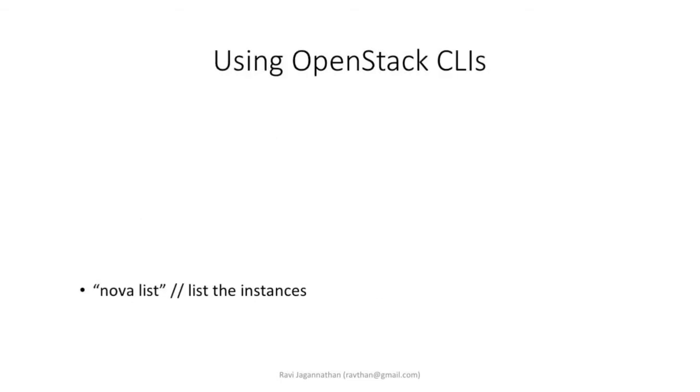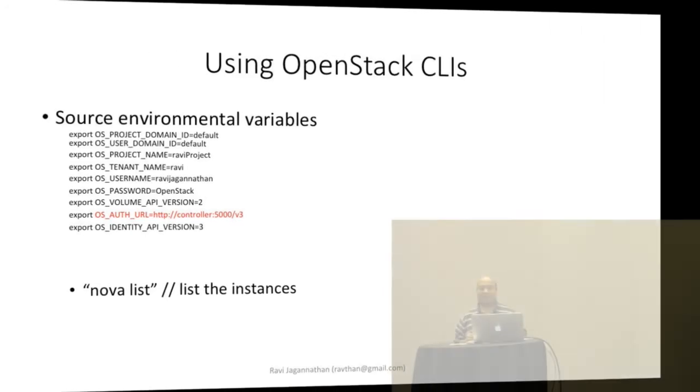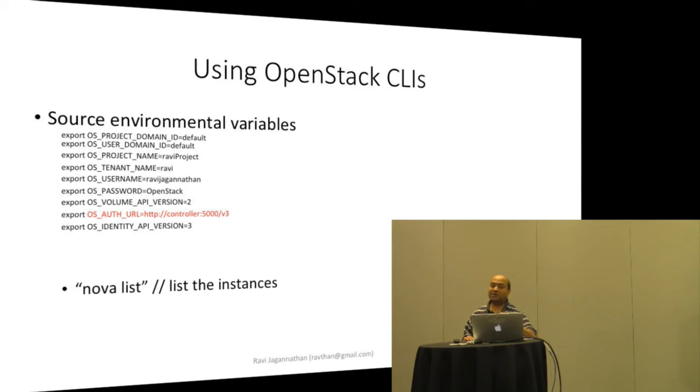First of all, the number one thing people do is go to Nova and list the VMs that are running. Before you do that, it's good to have a whole bunch of variables. I would put them in a file and then source this file in a bash script. So these environment variables are in place, and you start typing a command like nova or keystone.